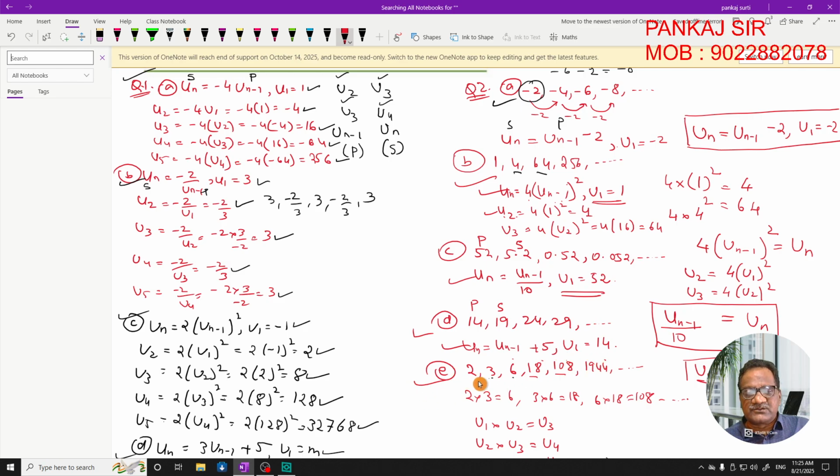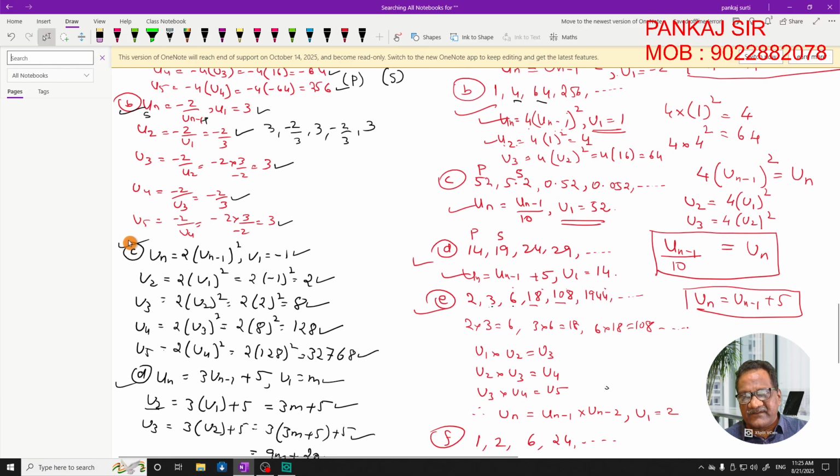Next, E is 2, 3, 6, 18, 108 and 1944. Now here, if you see carefully, when you multiply the first term and the second term, you get the third. When you multiply the second and the third term, you get the fourth, and the third and fourth give the fifth.